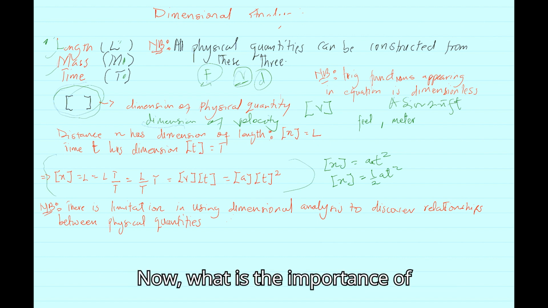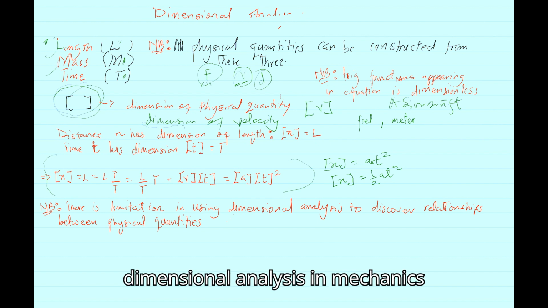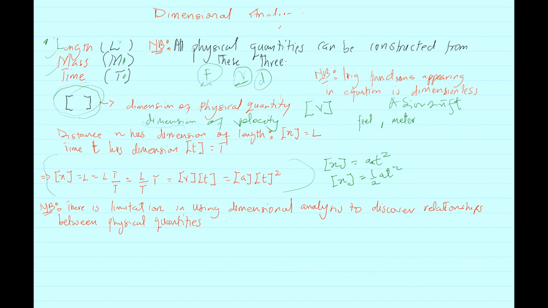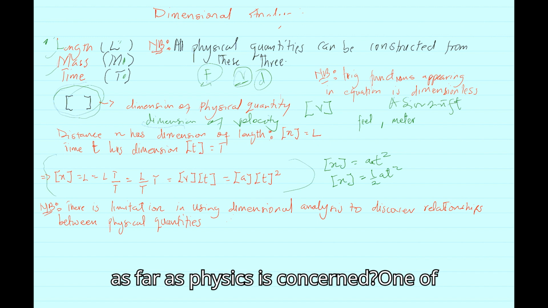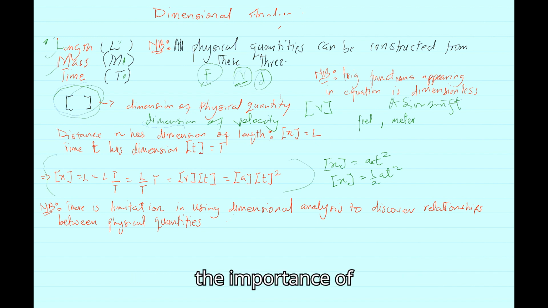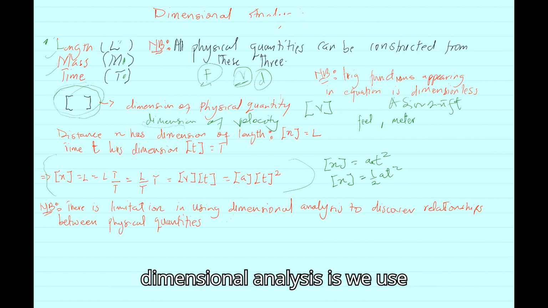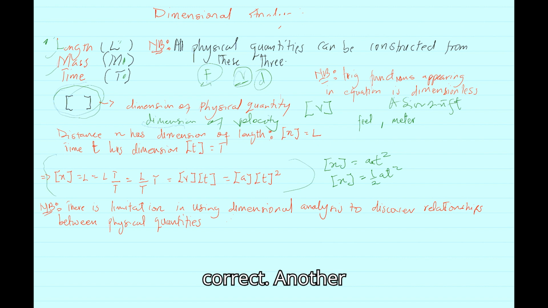Now, what is the importance of dimensional analysis in mechanics as far as physics is concerned? One of the importances of dimensional analysis is that we use it to compare two equations, or to verify if an equation is dimensionally correct.